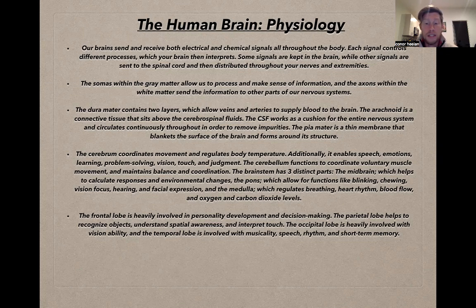The brainstem has three distinct parts: the midbrain, which helps to calculate responses and environmental changes; the pons, which allows for functions like blinking, chewing, vision, focus, hearing, and facial expression; and then the medulla, which regulates breathing, heart rhythm, blood flow, and oxygen and carbon dioxide levels.